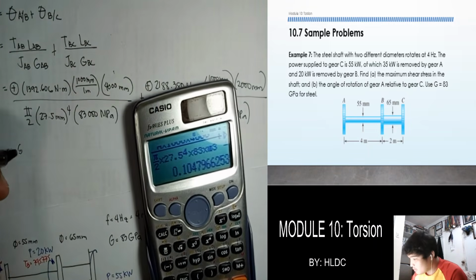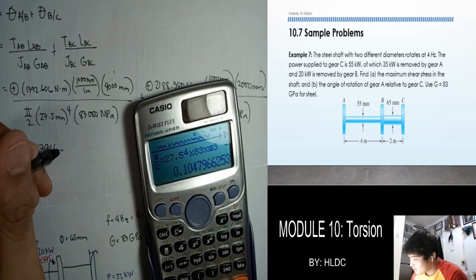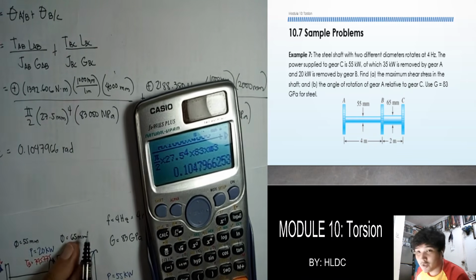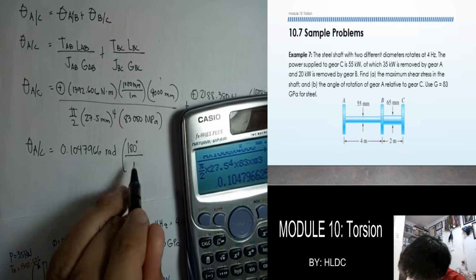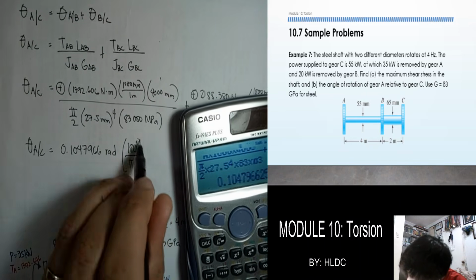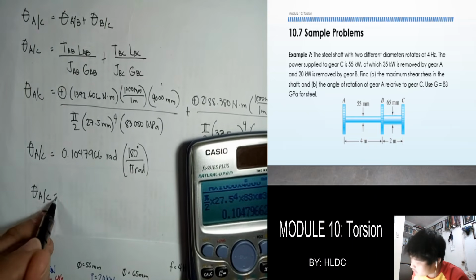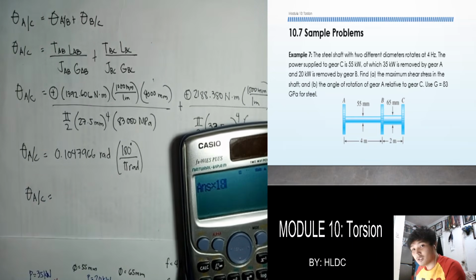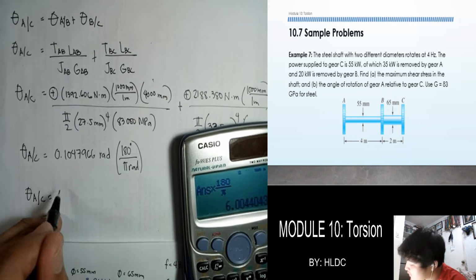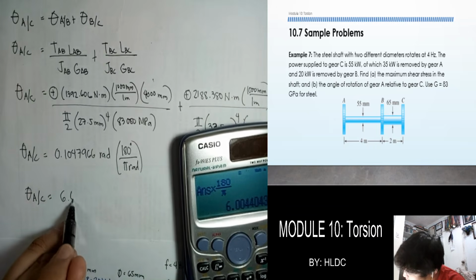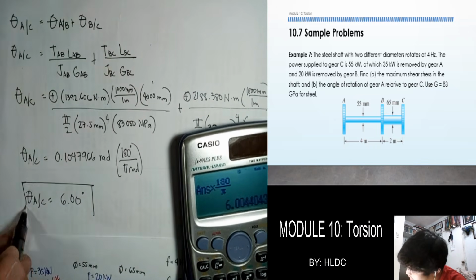So, that is 0.1047966 radians. So, convert natin. So, times natin sa 180 degrees per pi rad. So, ilan ang angle of twist of A relative to C in degrees? So, times 180 over pi. That one is 6.00 degrees. Okay, so ito na yung sagot.